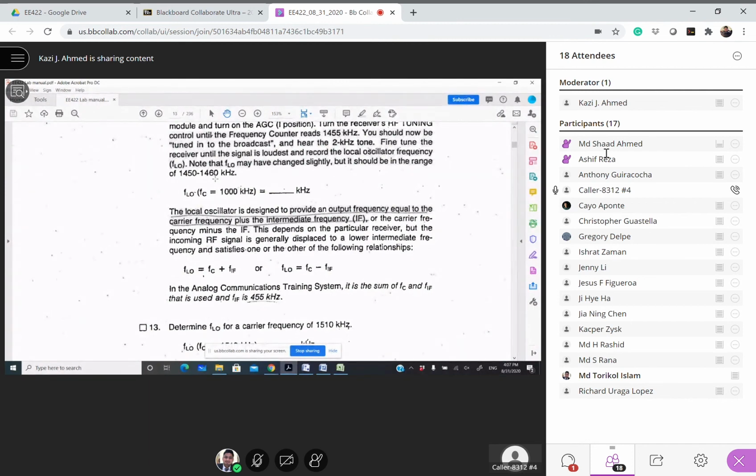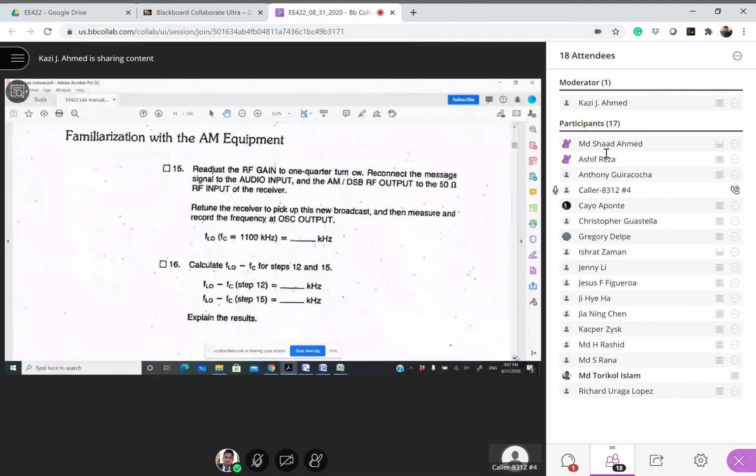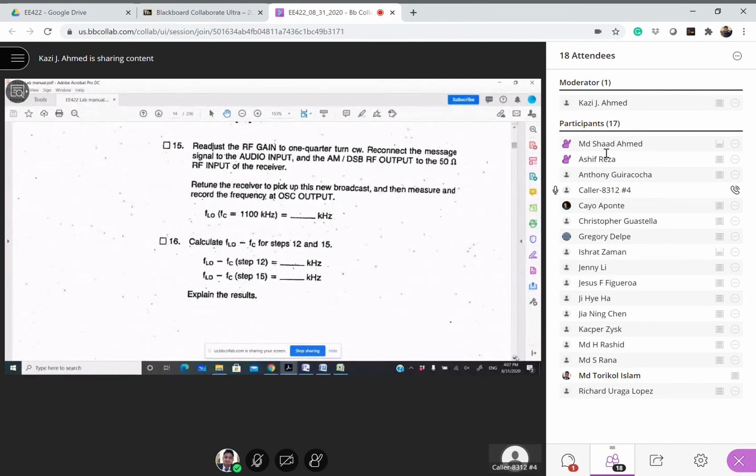It may be a little bit different than what you think or what the frequency counter shows, right? So in reality, it might not be exactly 1450, maybe 1457, 1453, something like that. If we had the chance to do it in a classroom environment, you would probably find this is not exactly 1555, and the other one is not exactly 1455.